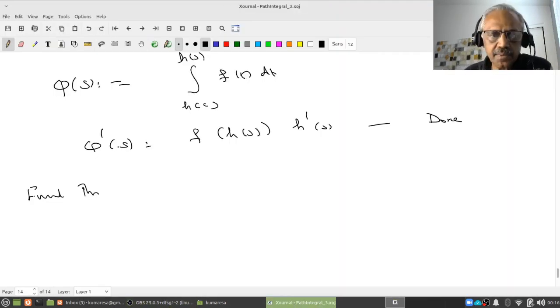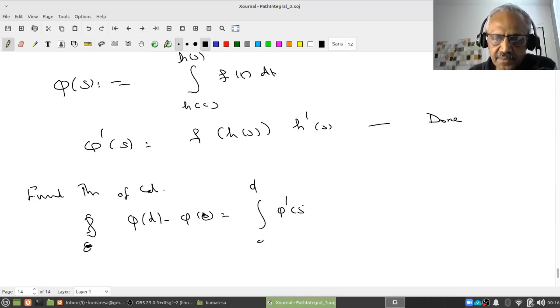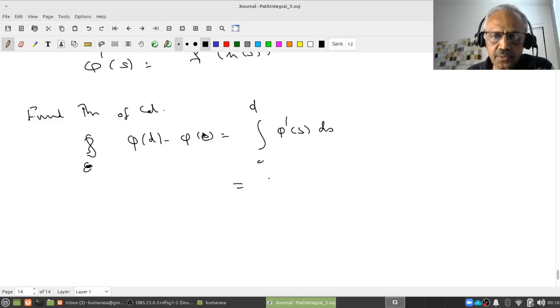By the fundamental theorem of calculus, phi of d minus phi of c is the integral from c to d of phi prime of s ds. Now what is phi prime of s? This we know. This is the integral from c to d of f of h of s times h prime of s ds.